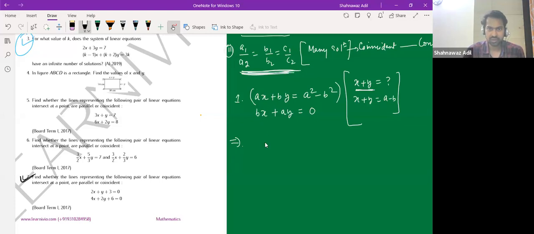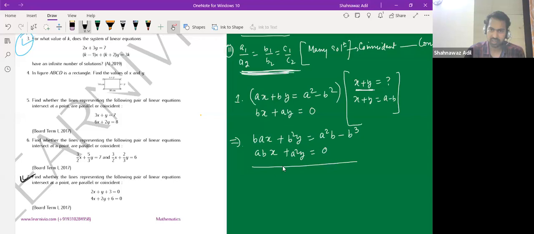Yes, sir. So this is bax plus b squared y, and then this is a squared b minus b, and this is abx and a squared y. Then you are saying that we just subtract this, and we get the value of y.